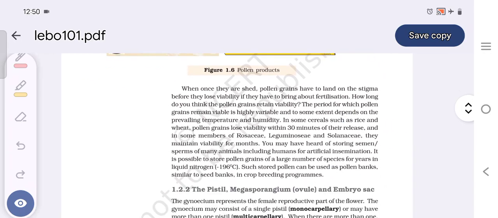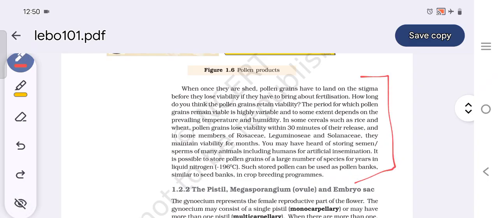The next paragraph tells you about how long the pollen grains can survive, how viable the pollen grains are. Different plants have different viability, and you have different examples there.